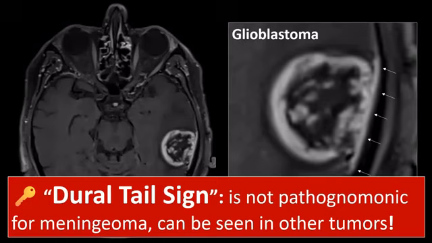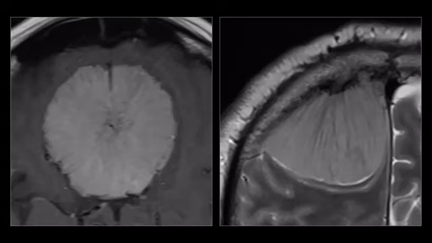You can see it in other stuff as well. So it's not as reliable as initially believed, but it's often the initial study that keeps being quoted in review articles or textbooks. So be very critical. So the dural tail sign, for instance, is not pathognomonic for meningioma. It's not even reliable for the diagnosis of a meningioma.